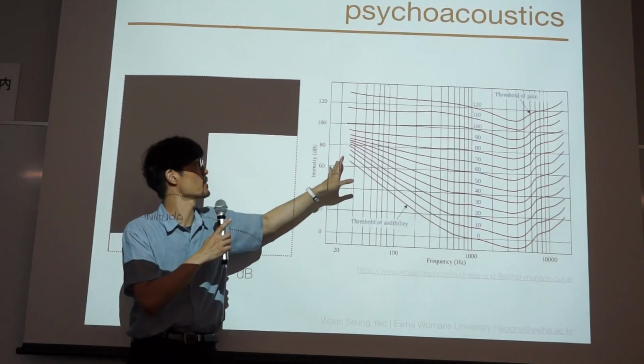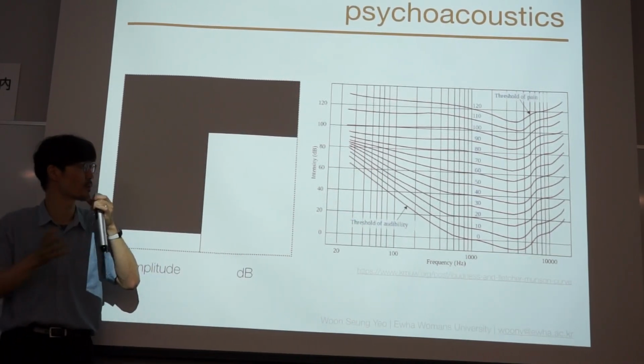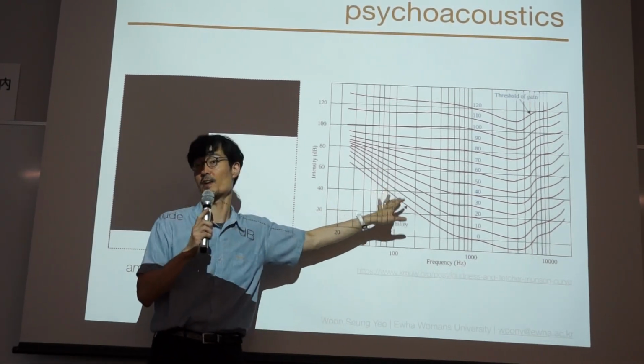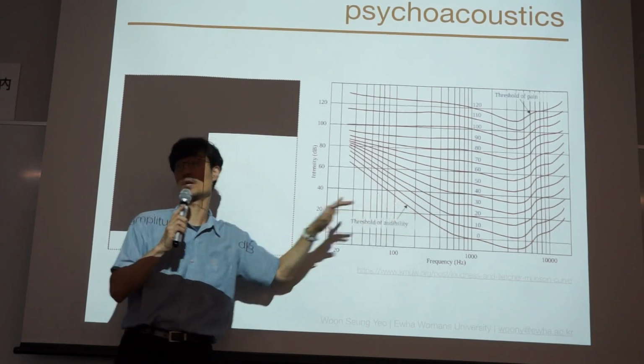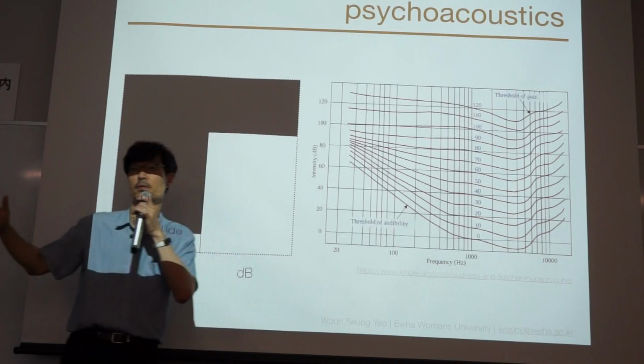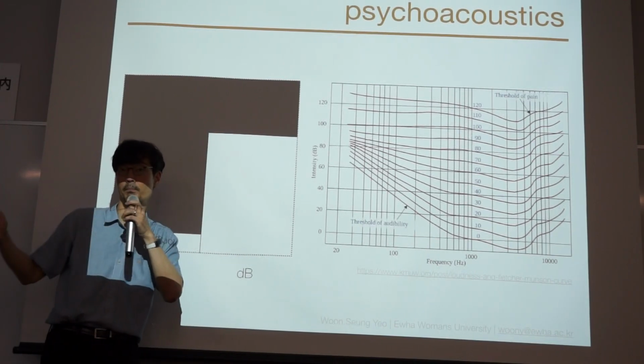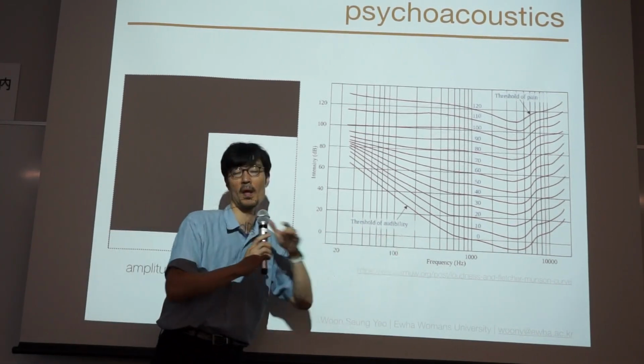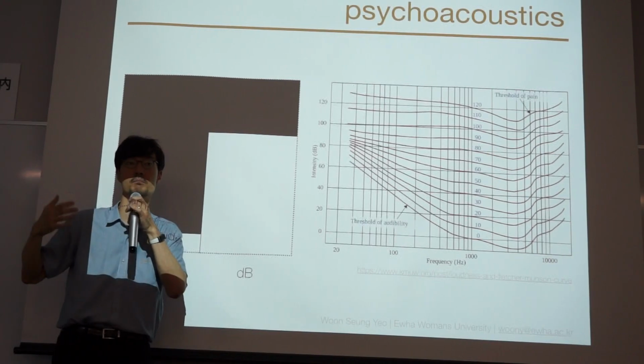I'm pretty sure most of you are aware of this Fletcher-Munson curve, or equal loudness contour. What this means is that, based on the frequency range or the bandwidth of the sound, our amplitude perception could be different.